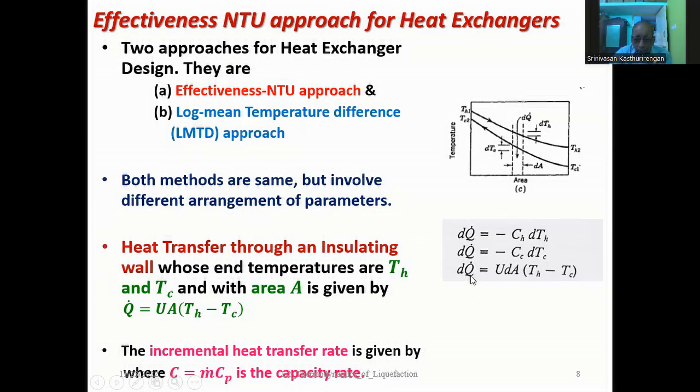The net heat transfer between the two fluids can also be represented in terms of the temperature difference. So we can write dQ dot is equal to U dA into, we are considering a small sectional area, so U into dA into Th minus Tc. Right.